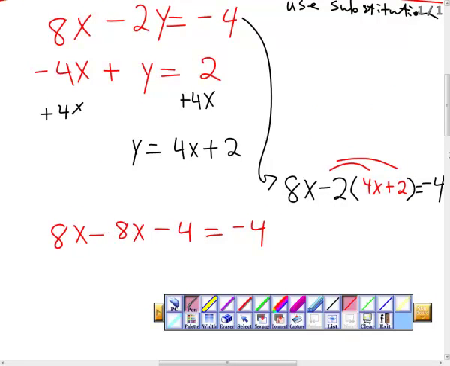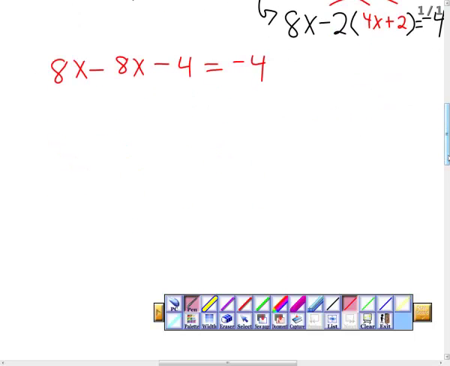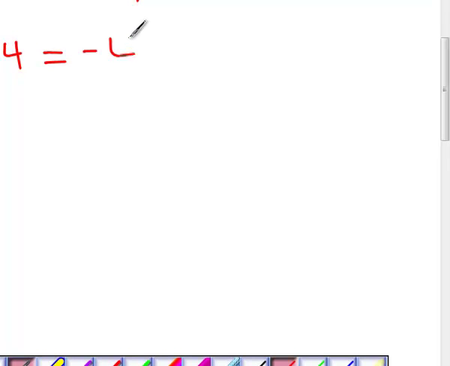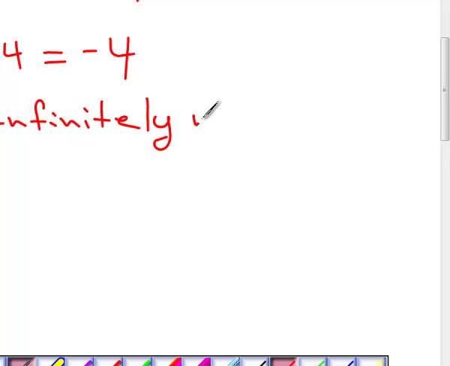They go to 0. So that's right, because both sides are equal, you have infinitely many solutions. Okay?